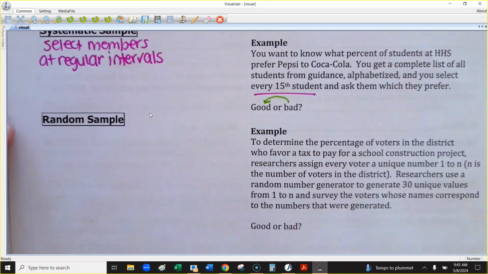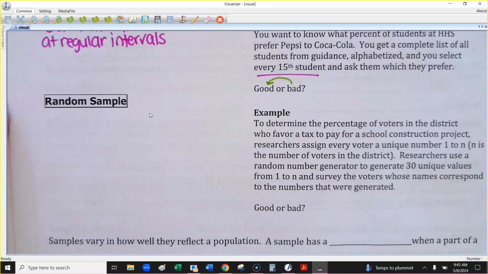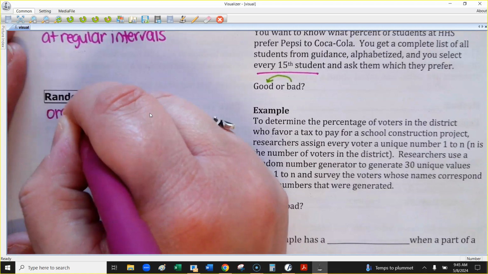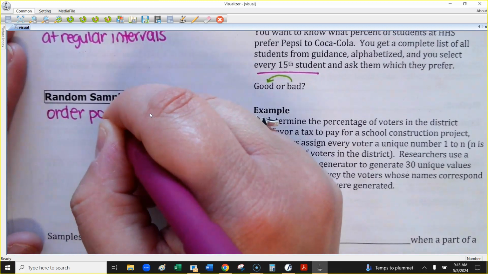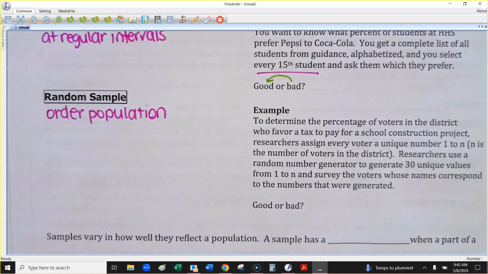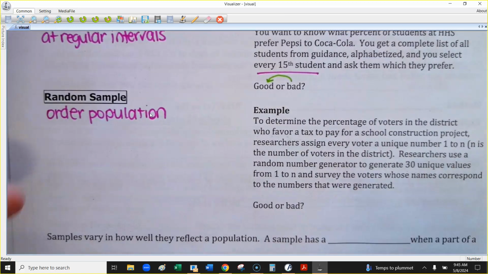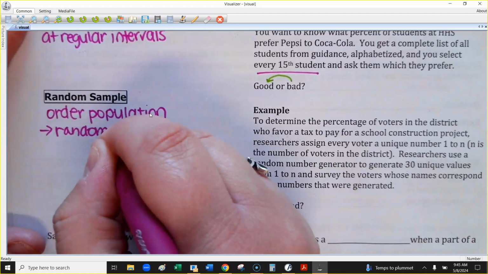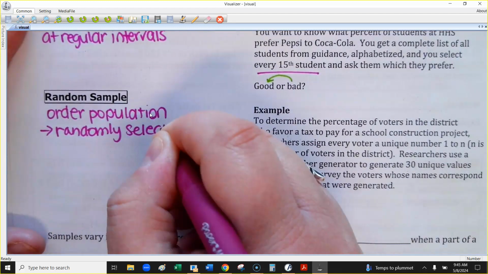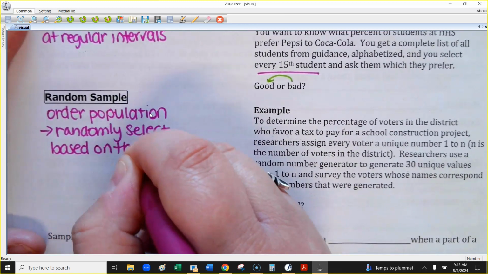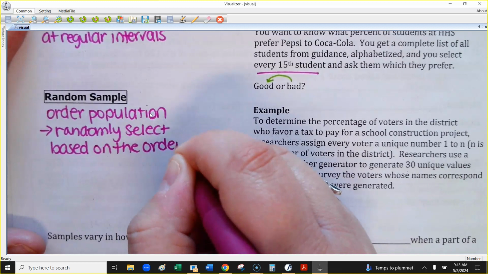And then the last one is what we call a random sample. Now, in some way, you have to order your population. The most typical way to do that is to assign everybody in the population a number, and then you randomly select based on the order that you put them in.